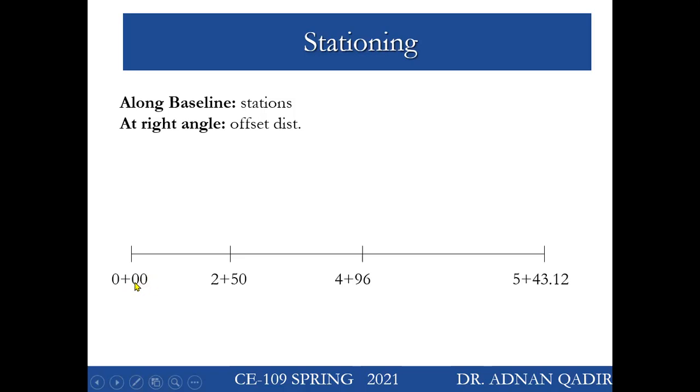So if you have 3 digits after plus, you are measuring in meters, and before zero it is kilometer. But if you have 2 digits like that is shown, then it is feet, hundreds of feet.